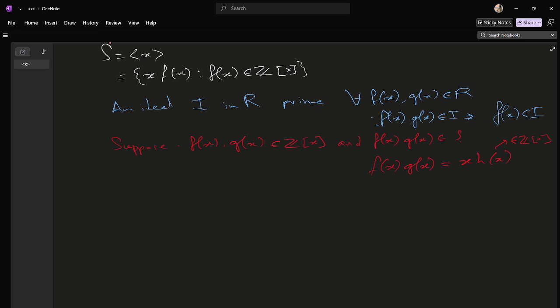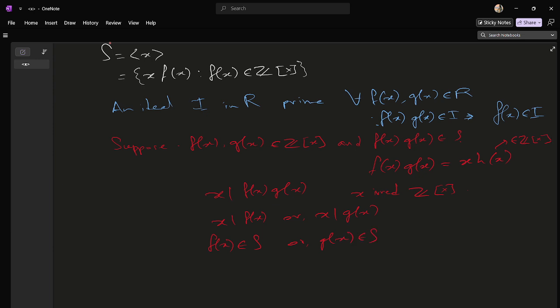So this implies that x divides f(x)g(x). Since x is irreducible in Z[x], it follows that x will divide either f(x) or g(x). That means f(x) belongs to S or g(x) belongs to S.